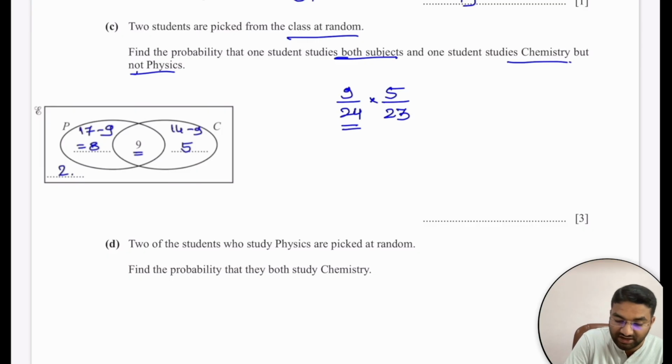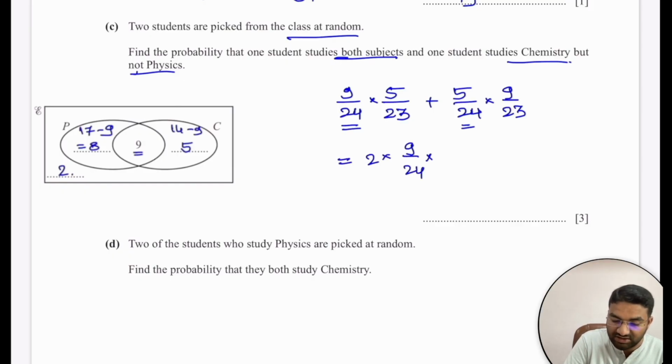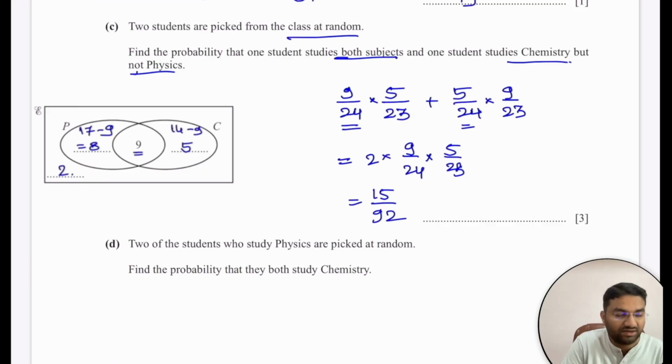Then one more possibility is 5 out of 24 times 9 out of 23, because again you have chosen 1. Simply you can write it as 2 times 9 by 24 times 5 by 23, and if you simplify this, you will get 15 over 92.